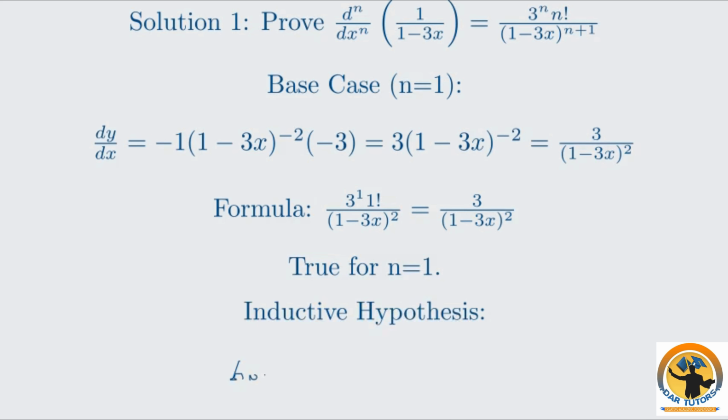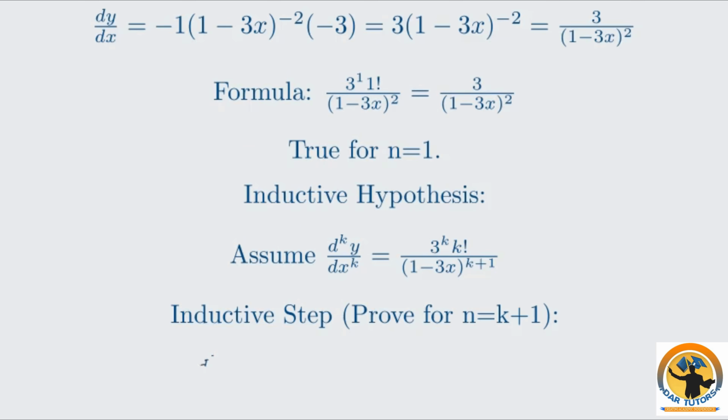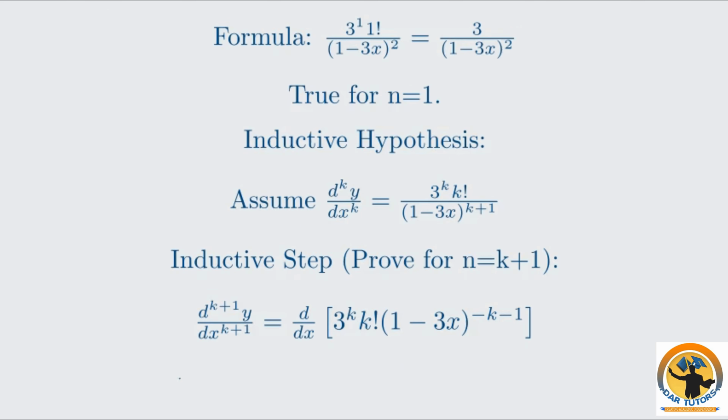Inductive hypothesis. Assume the formula is true for n = k. That is, the kth derivative is 3^k times k factorial, divided by (1−3x)^(k+1). Inductive step. We need to prove the formula for n = k+1. The (k+1)th derivative is the derivative of the kth derivative. We differentiate 3^k times k factorial times (1−3x)^(−k−1).